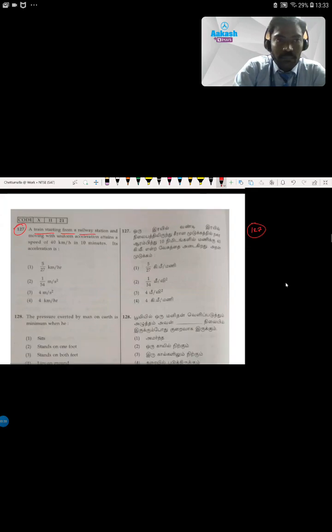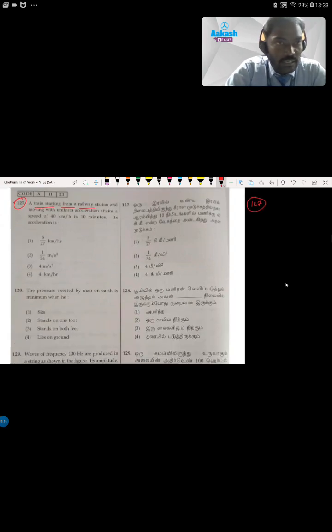Next, question number 127. See students, a train starting from a railway station and moving with uniform acceleration attains a speed of 40 km per hour in 10 minutes. As it is starting from rest, initial velocity is 0 and it acquires a velocity of 40 km per hour.